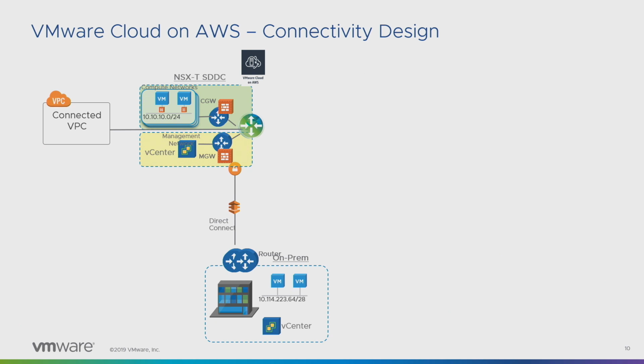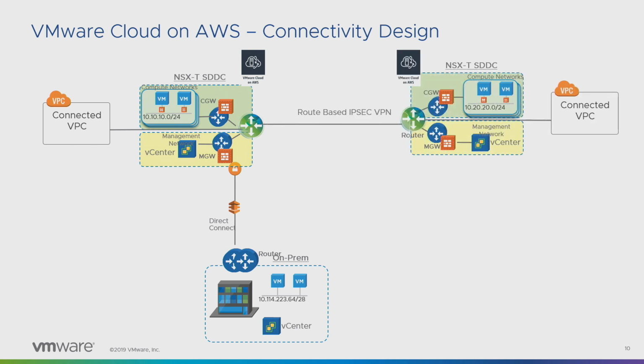So for example, here I have an NSX SDDC, it's connected to the connected VPC over that ENI functionality we talked about. And customer also has direct connect to their on-premises data center, okay? Now, customer may want to deploy another SDDC here and use route-based IPsec VPN to connect to it, right?